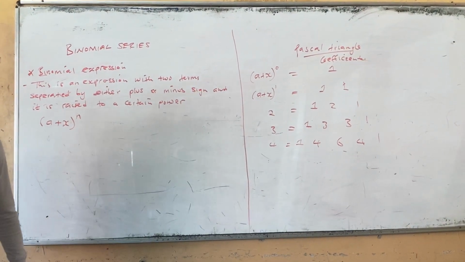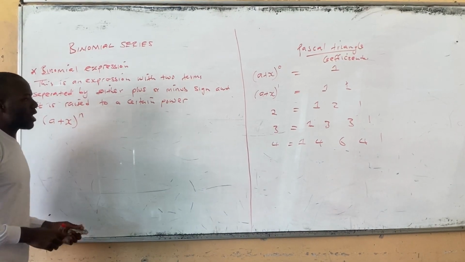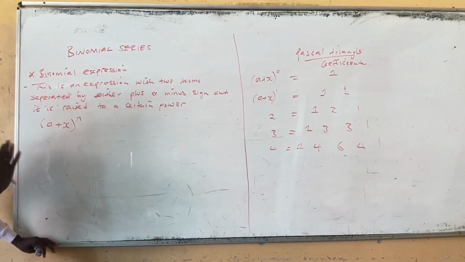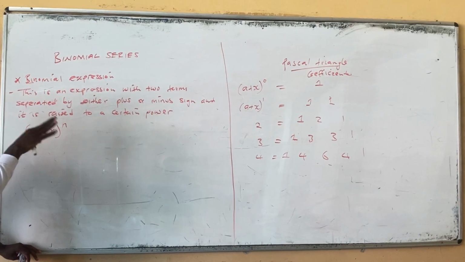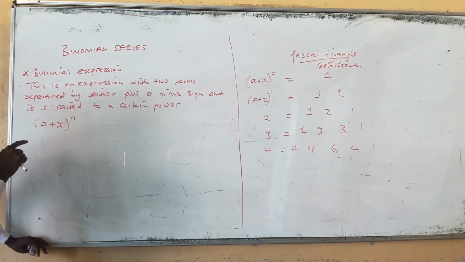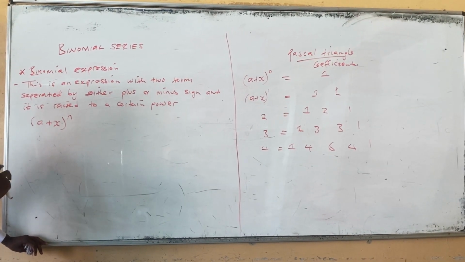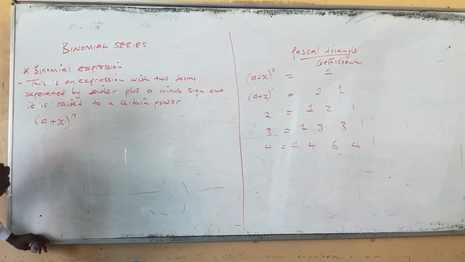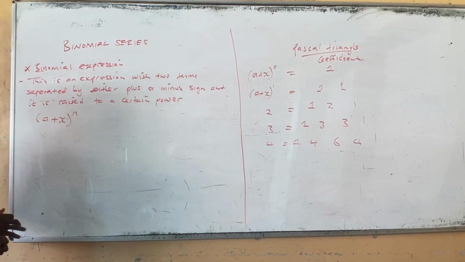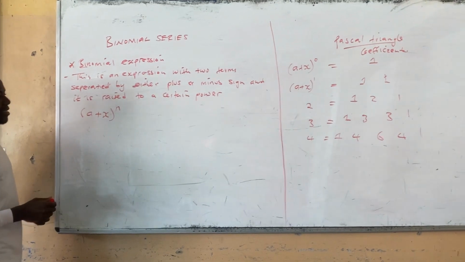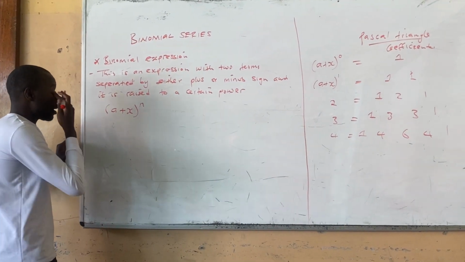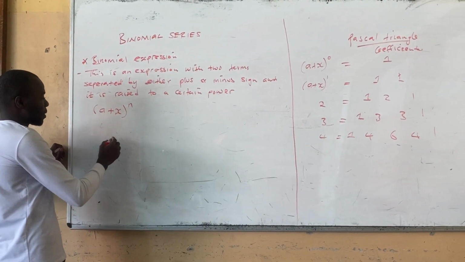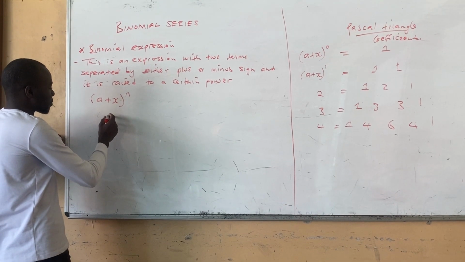So now, what we are going to do here is this. We'll make this simple. You don't need a binomial, rather a Pascal triangle, to find the coefficients. Now we'll show you the easiest way of doing it. For instance, we are taught to expand.